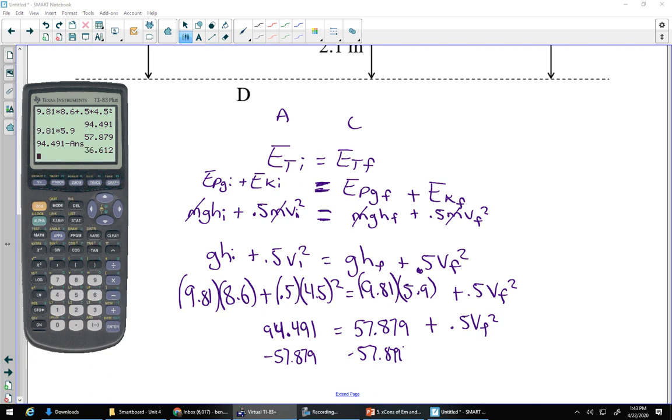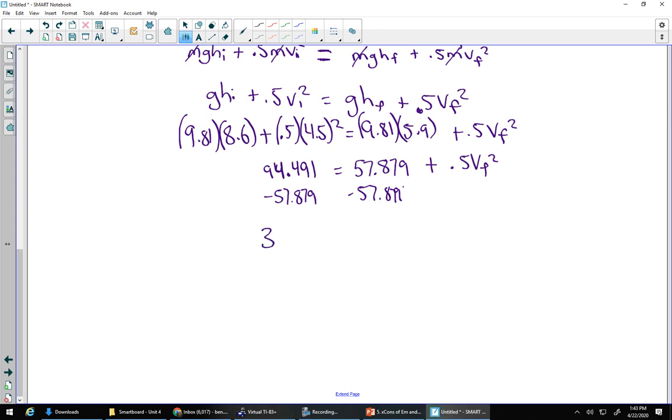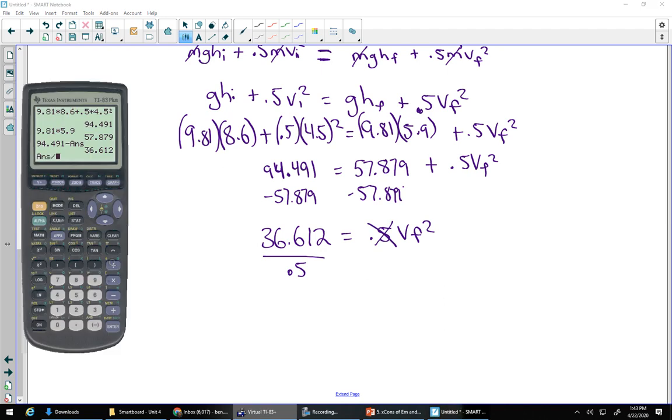So that's going to be 36.612. And that's going to be equal to 0.5 VF squared. So I've got to get rid of the 0.5 first. So let's divide both sides by 0.5. Just go back to the calculator. Divide by 0.5.